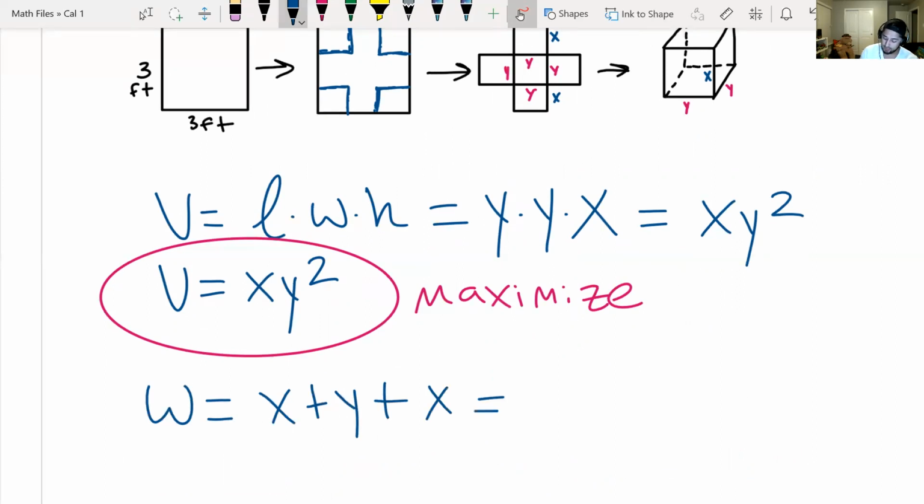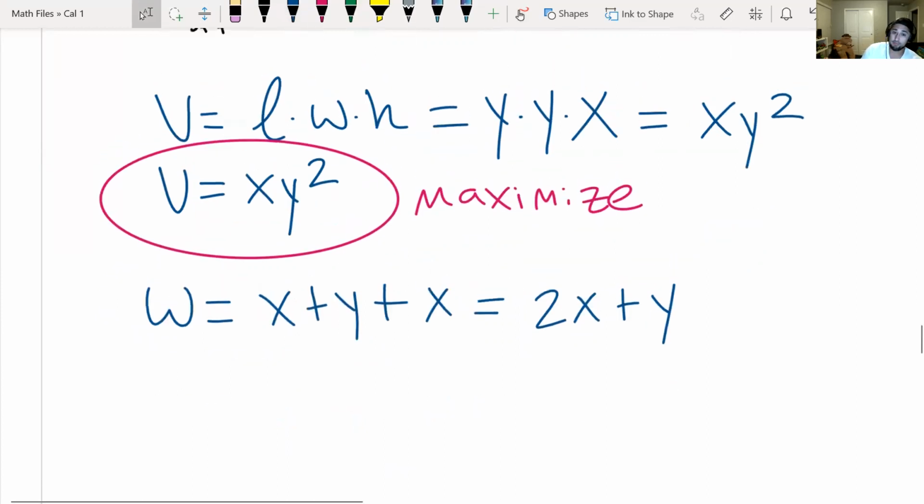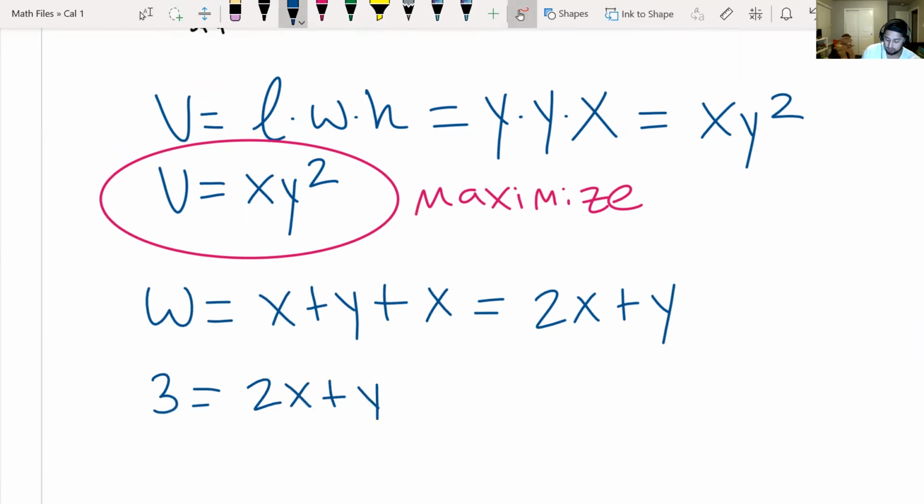So width is given by 2x plus y. But now we know that width is given by 3 feet. So my width is 3 equals 2x plus y.